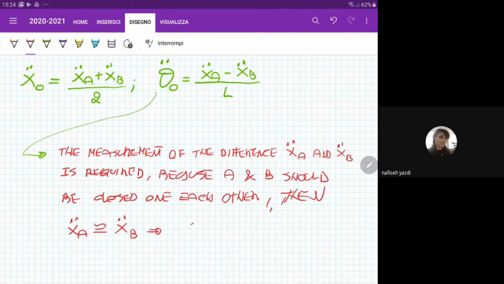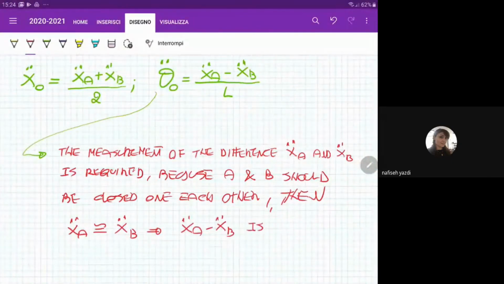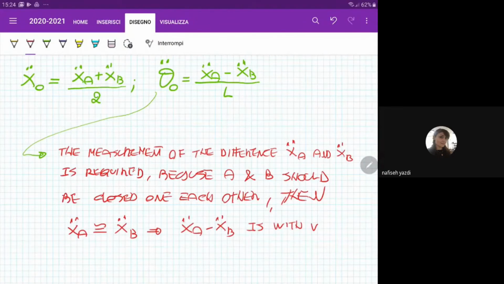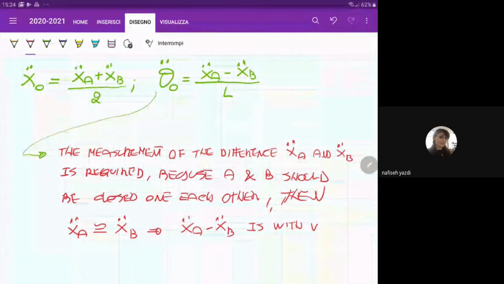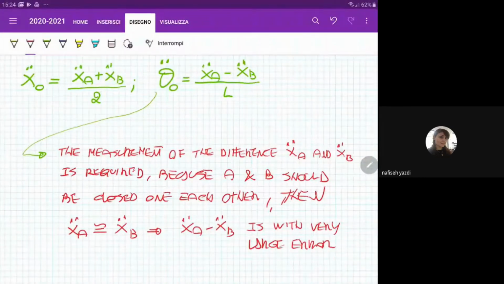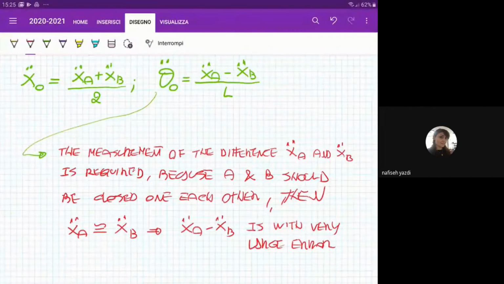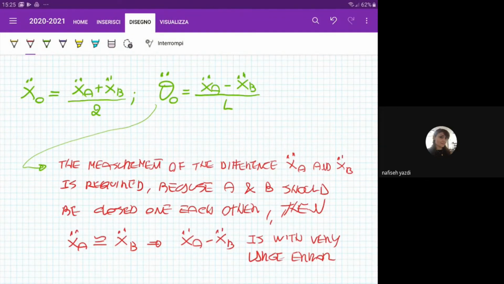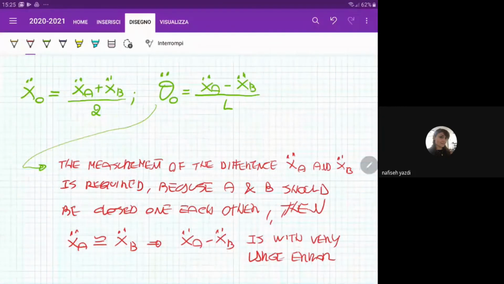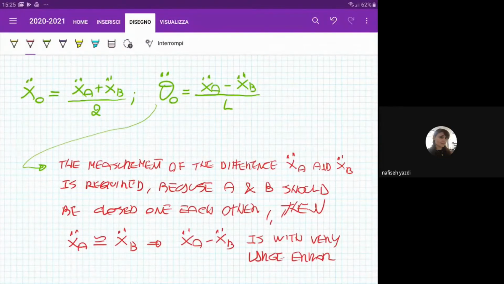Thus, xA double dot minus xB double dot is with very large error. Okay. Because we have to have these two points very close to each other, the two accelerations are practically the same. And when you are evaluating theta 0 double dot, you have to take the difference at the numerator. And this difference is taken considering two practically the same quantities. So it is noise.